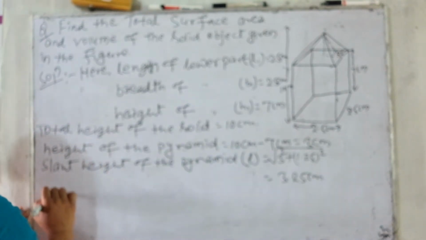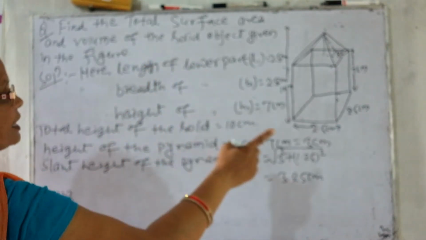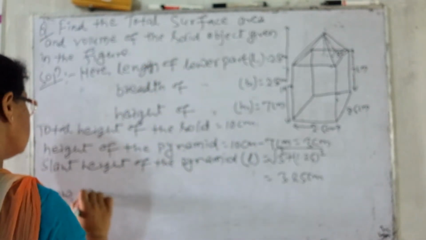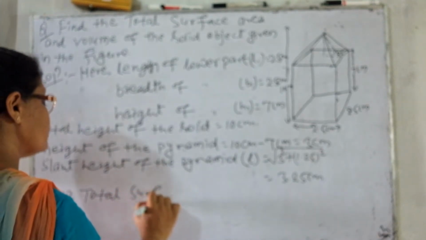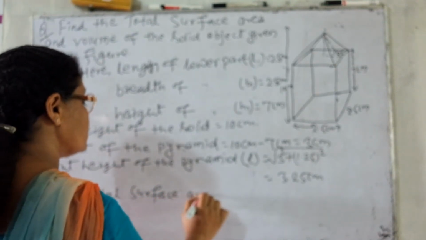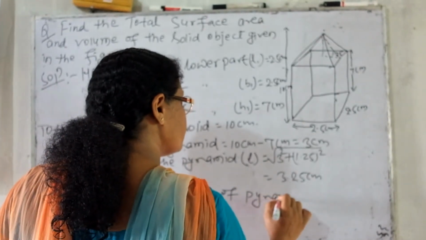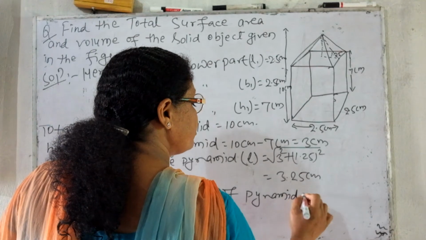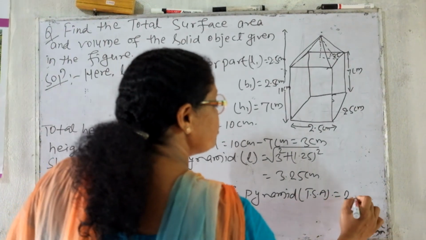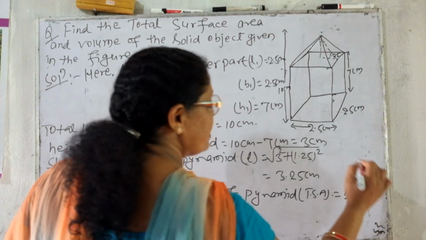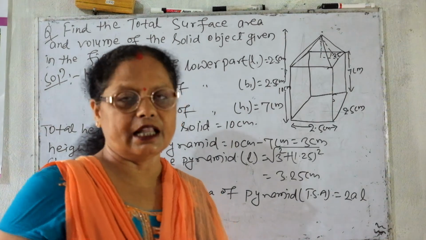Now we should find the total surface area of the pyramid. TSA of the pyramid will be 2AL.